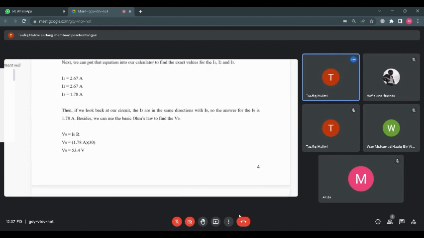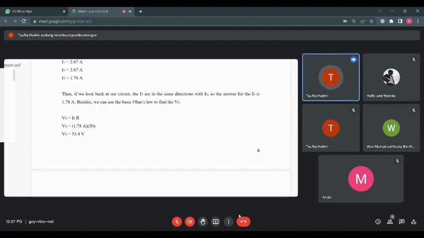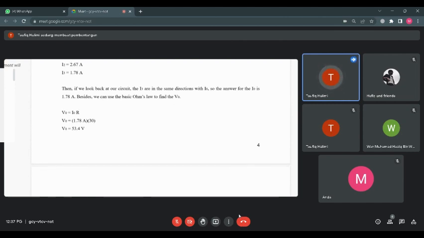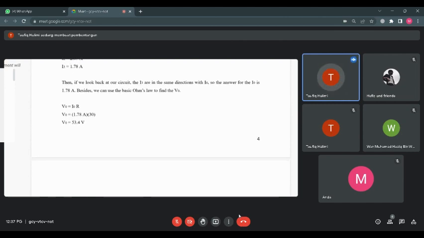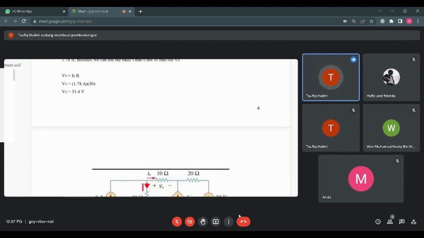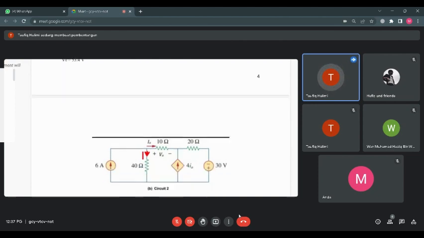I3 is in the same direction as I0, so the answer for I0 is 1.78 ampere, the same value as I3. Besides, we can use basic Ohm's law to define V0, which is V0 equals I0 times R. So V0 is equal to 53.4 volt.